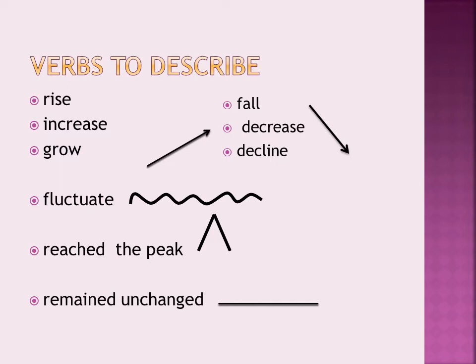When the line goes down, we use fall, decrease or decline. And fluctuate, you will see how the lines look. When the line goes straight up and reaches a point, we can say reach the peak. And if the line remains unchanged, with no ups and downs, we can say remained unchanged.